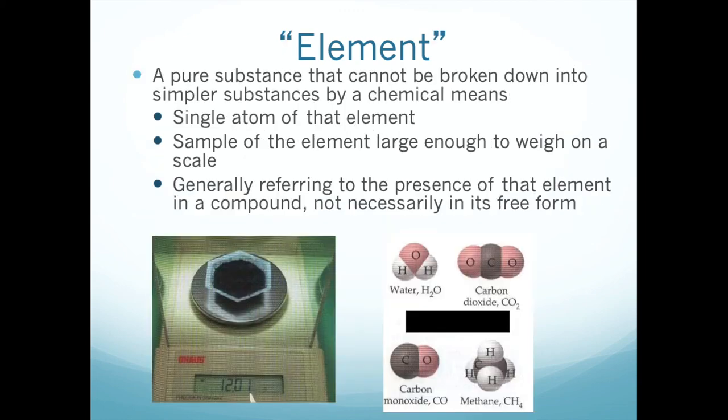So, what does it mean to be an element? Again, in the last chapter, we talked about how pure substances could be broken down to elements or compounds, right? And if you have a sample of an element, it means that all of the atoms making up that sample are identical in a certain respect. So, for example, over here, we have a sample of charcoal, which is pure carbon.